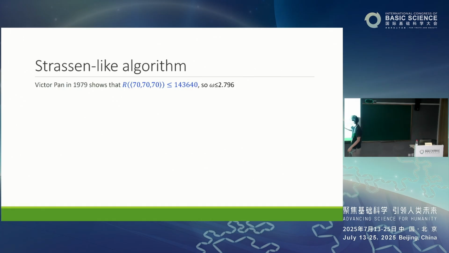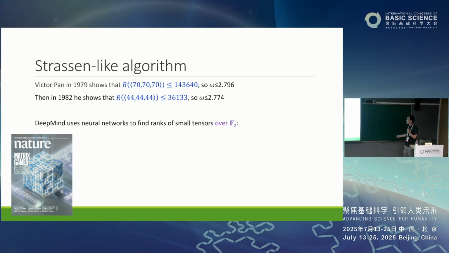Victor Pan in 1979 showed that this bound is less than or equal to this, which improves omega.